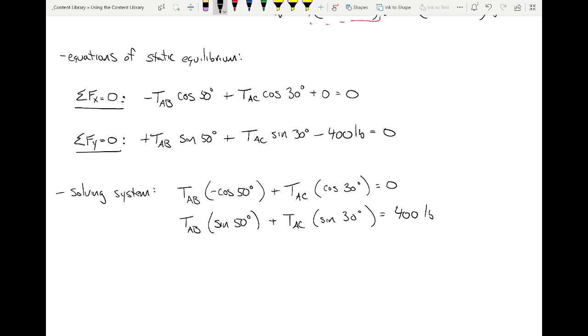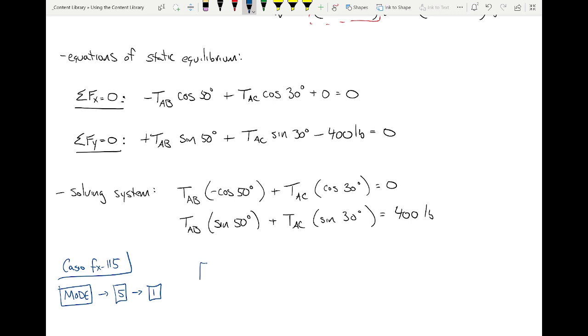And so now what I can do is I can say, all right, let's go to the Casio. Mode 5, 1. And what I can do is enter this matrix in the fashion that the Casio wants.